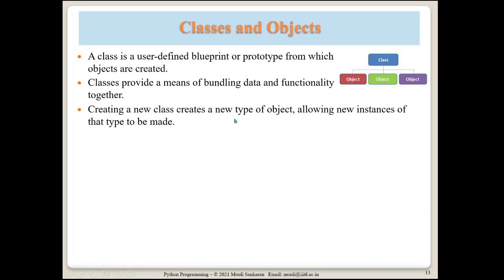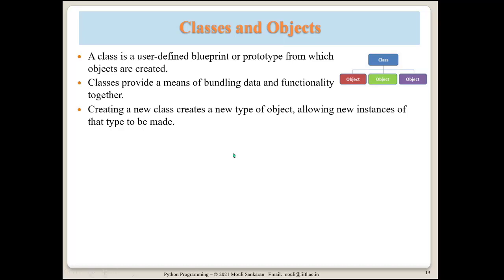Creating a new class creates a new type of object, which is of class type, allowing new instances of that type to be made. Then that object can be used to create instantiations of that class, which are called objects. And the class itself is an object within Python, because in Python everything is an object, as I told you earlier.